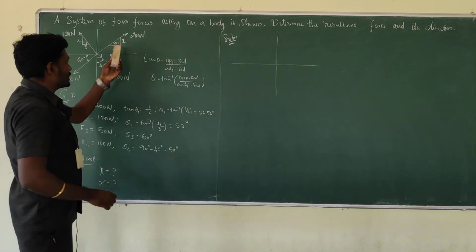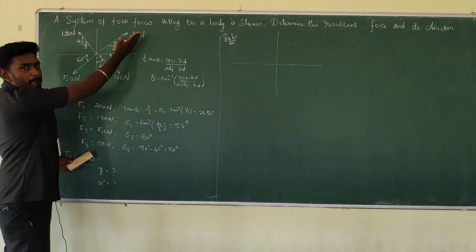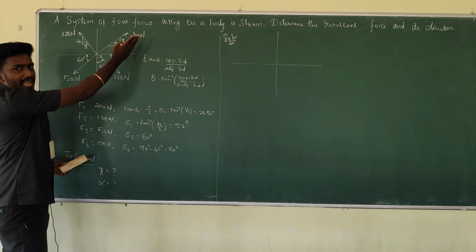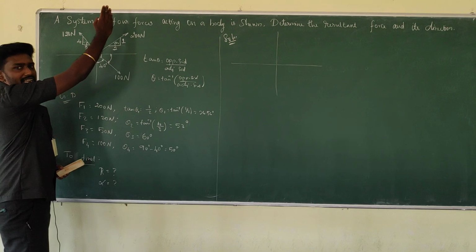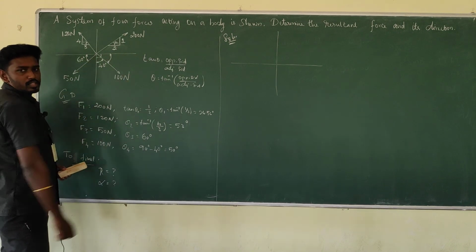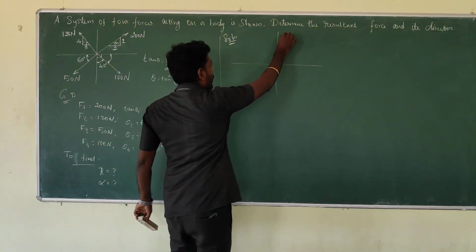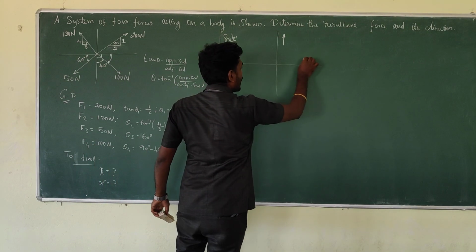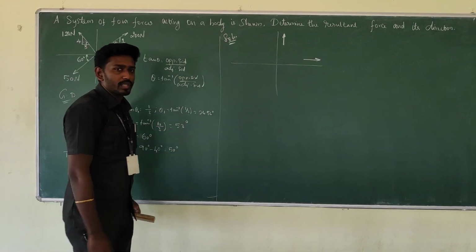Here in the first quadrant there is a force 200 Newton. This inclined force is partially vertically up and horizontally to the right. So vertical force moving upward and horizontal force which is directed to the right.